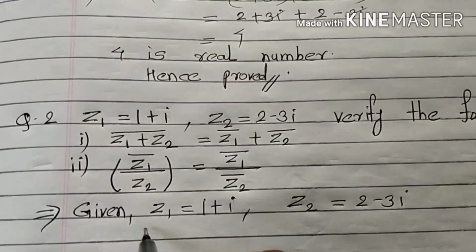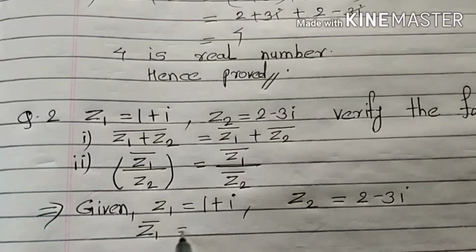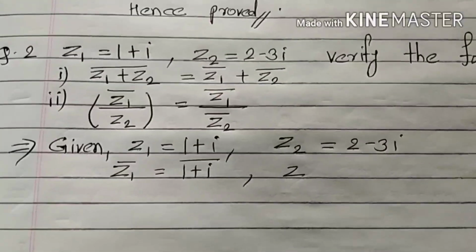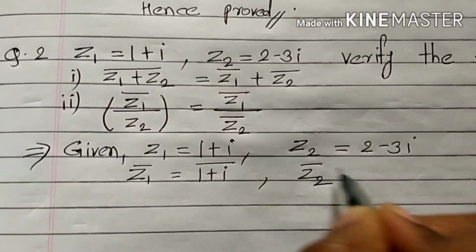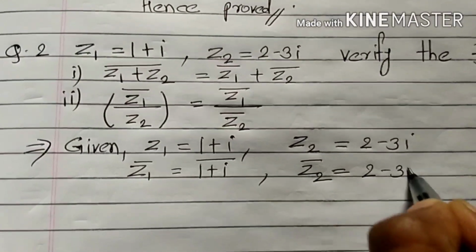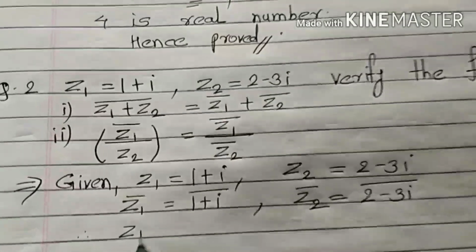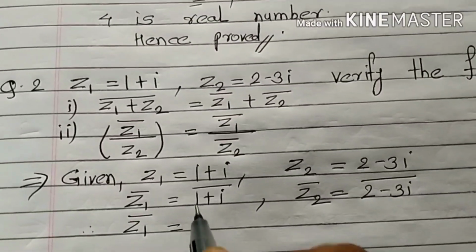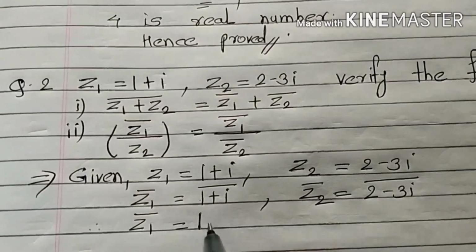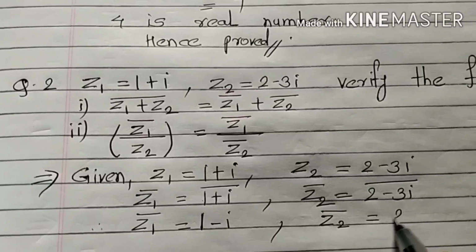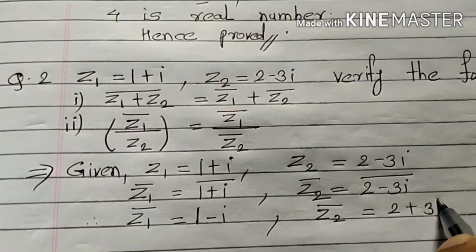So when taking the bar, z1 bar is equal to the bar of 1 plus i, and z2 bar is equal to the bar of 2 minus 3i. So z1 bar is equal to 1 minus i, when bar then the sign changes, and here also z2 bar is equal to 2 plus 3i.